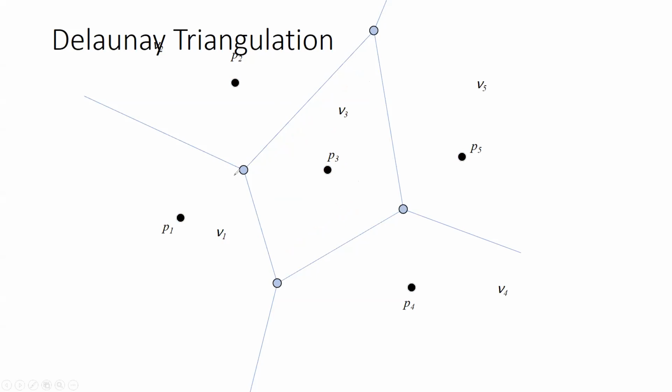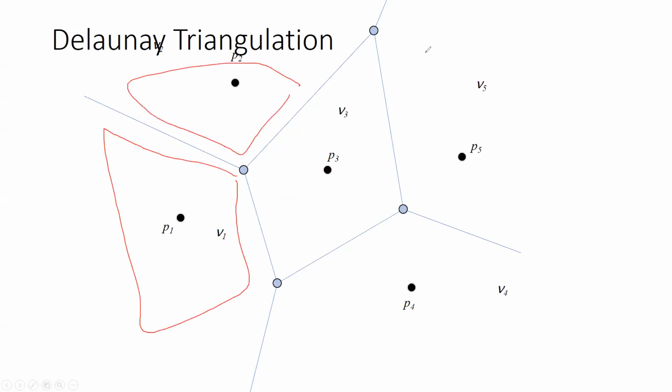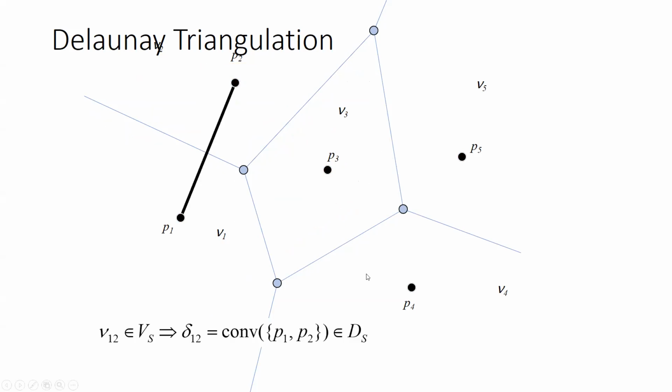If you take any two Voronoi regions, let's say this one and this one, because they are actually intersecting in this line, that's why these two Voronoi regions are intersecting each other. If that is the case, I put a line there. Okay, so you can see that P2 and P5 will have a line also, because P2 and P5 actually intersect here.